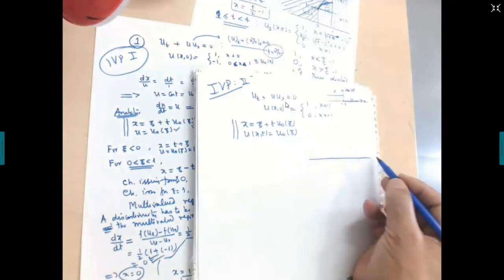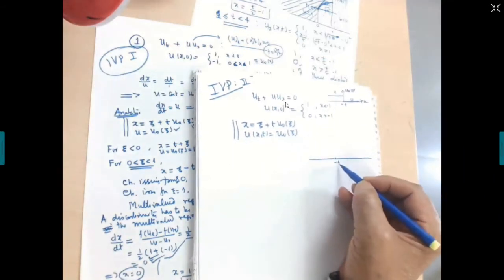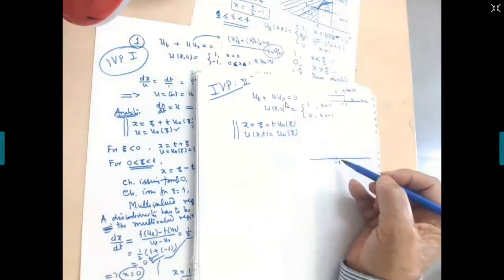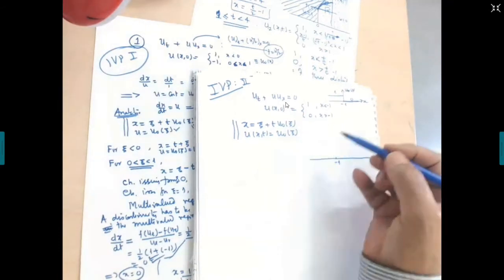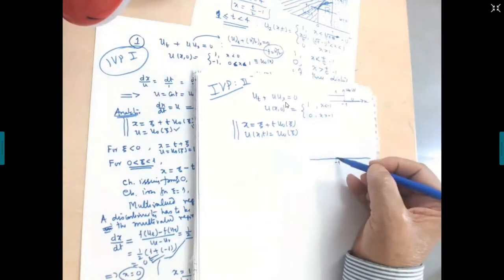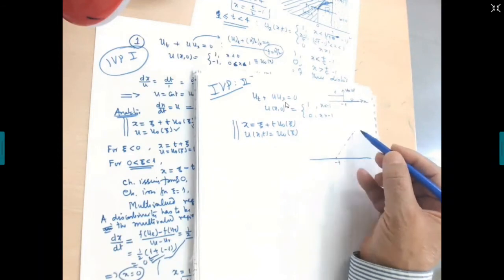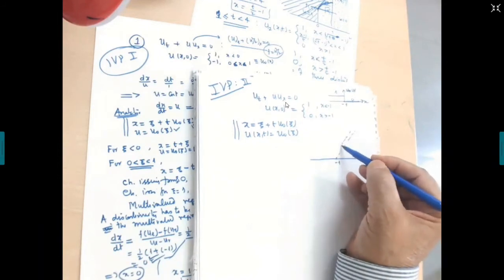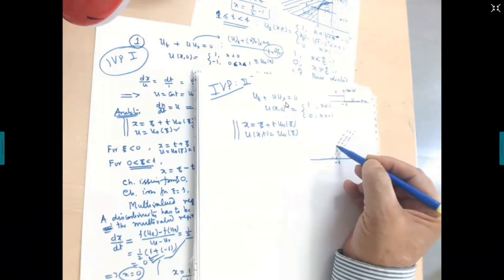So what are the characteristics emanating? This is the point minus 1. What are the characteristics emanating from the left of minus 1? The value is 1, so these are the characteristics emanating from minus 1. What is the leading characteristic?